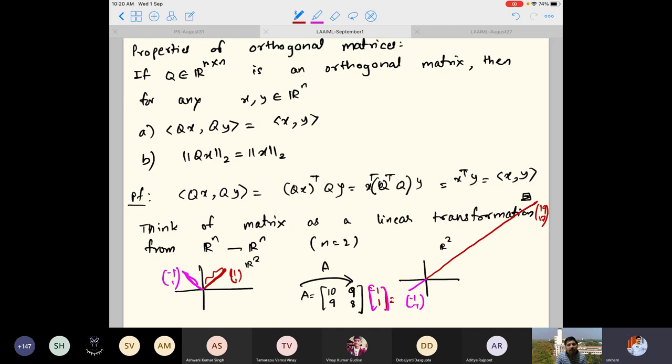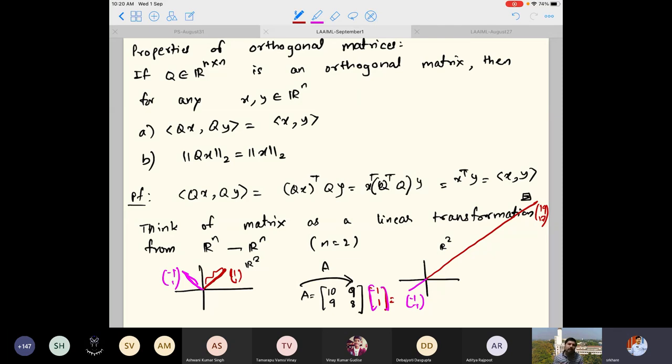Whereas for some other vectors, like (-1, 1), the length is still square root of 2. The length does not change. So for some vectors the length changes, for some other vectors the length does not change, and for some other vectors the length will actually reduce. All these different things will happen.